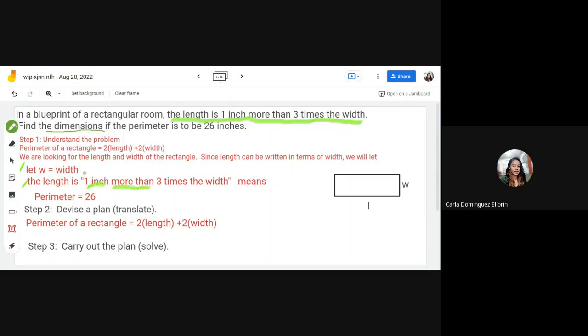Okay, remember when you see more than, that is addition. So the symbol for more than, that is addition. And then we have 3 times the width. So since hindi natin alam yung value ni width, we represent it by W.